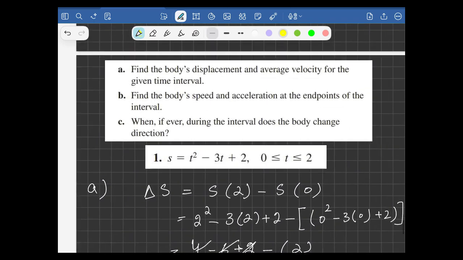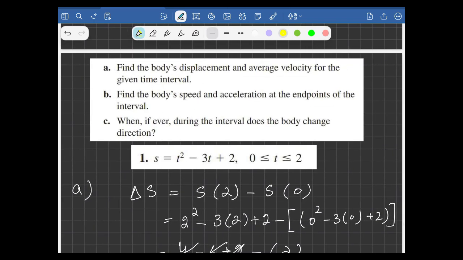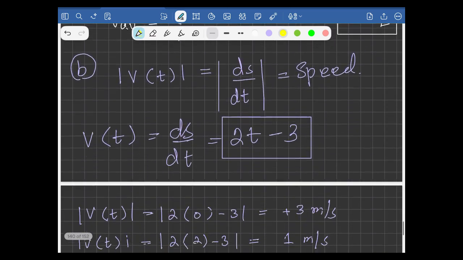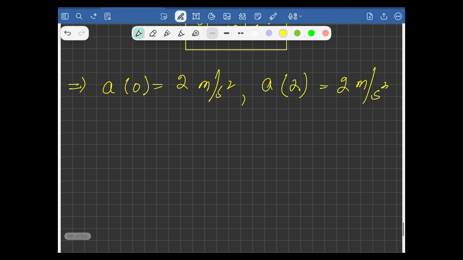In the C part, they said, when, if ever, during the interval, does the body change directions? Now we need to find out whether the direction is going to change at any point or not. Let's see how we do it. In order to identify whether the body is changing direction during the movement or not, we let velocity equal 0.